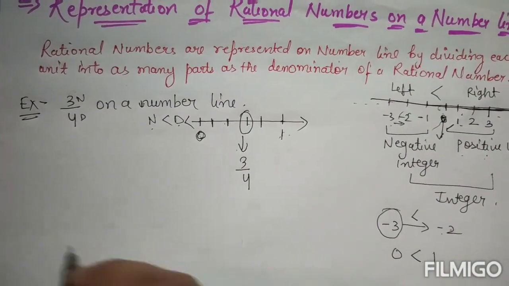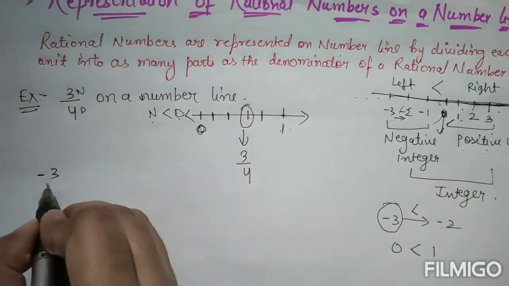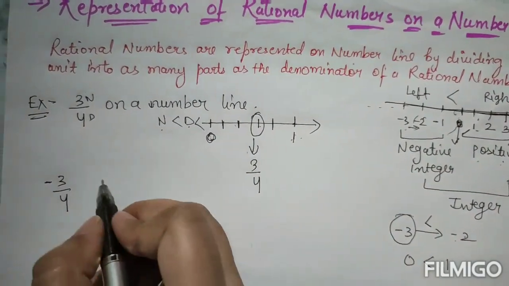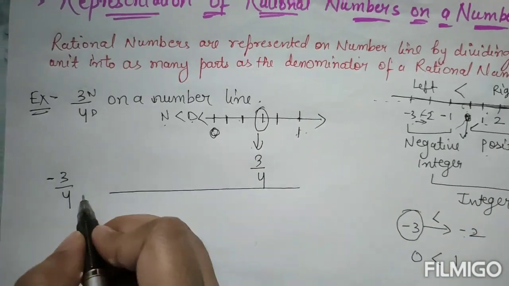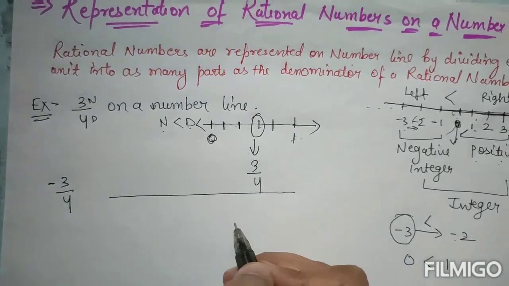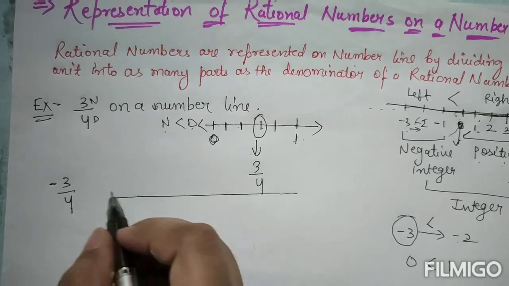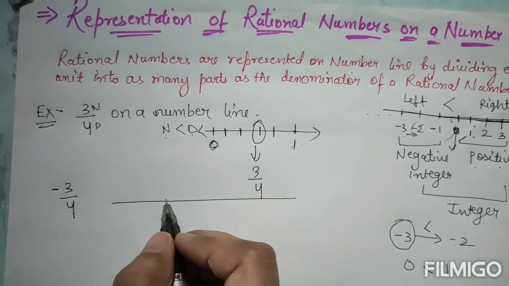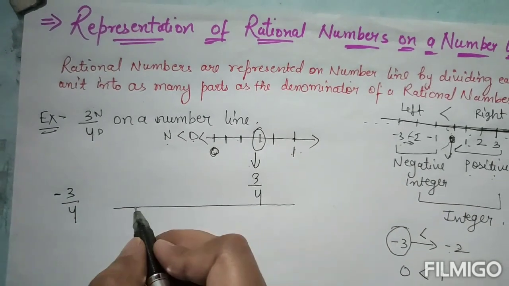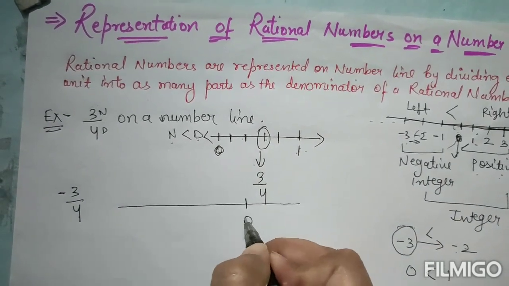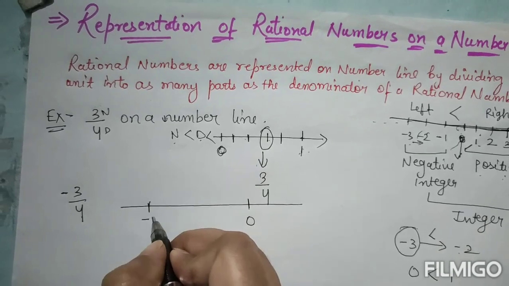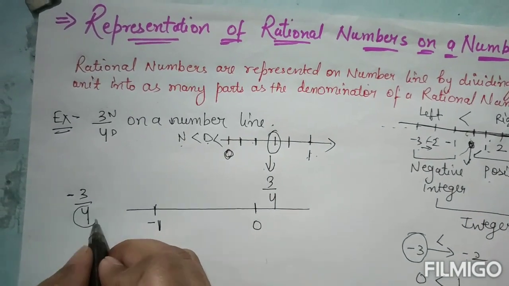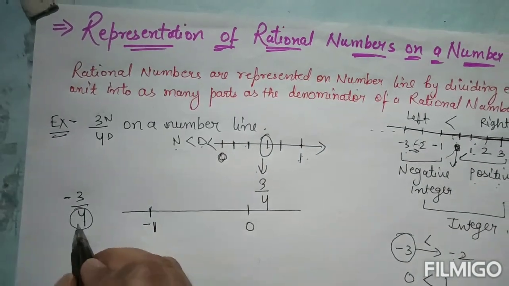I hope you understood. Similarly, if I have to represent -3/4, again the numerator is less than the denominator. That means it will be represented between 0 and 1. But here it is minus, so it will be represented between 0 and -1. Again look at the denominator. What is the number? 4.